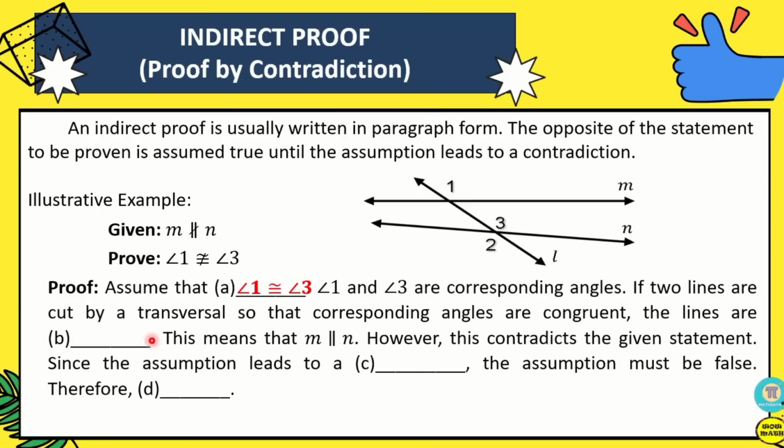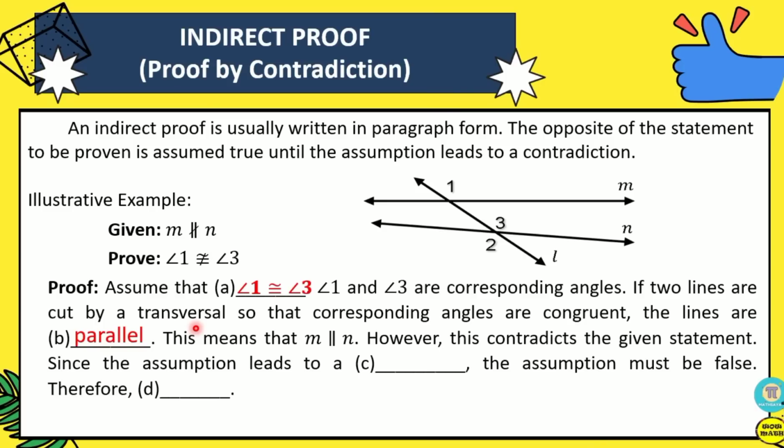If two lines are cut by a transversal so that corresponding angles are congruent, the lines are parallel. Okay? So, kapag meron tayong dalawang lines na kinat by a transversal, so alam ko na topic ito ng grade 7. So, recall natin yon. Kapag ang lines natin ay kinat ng transversal, ang lines natin doon ay parallel.